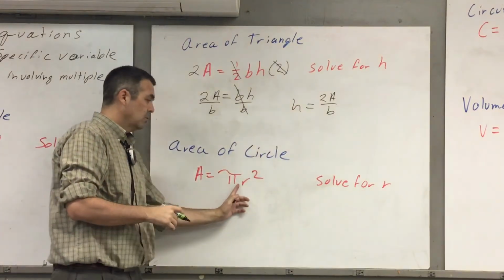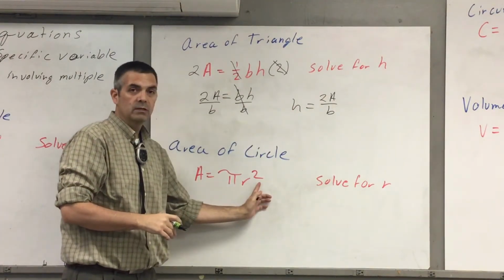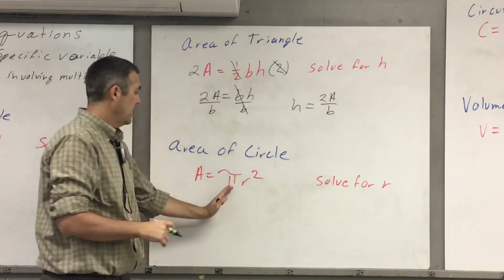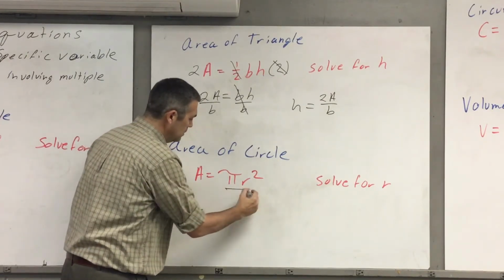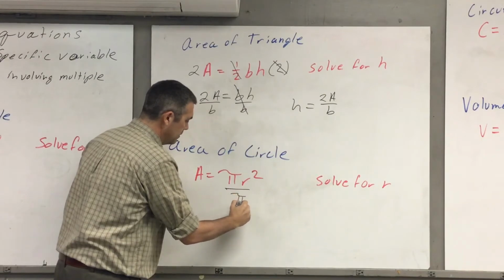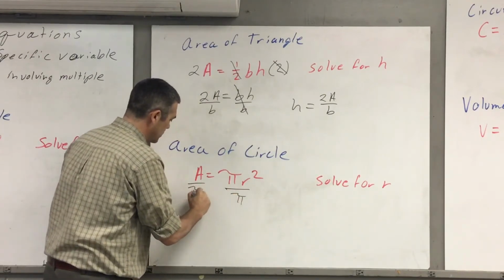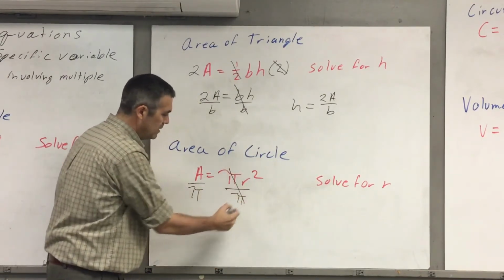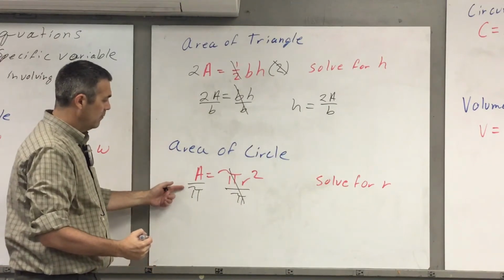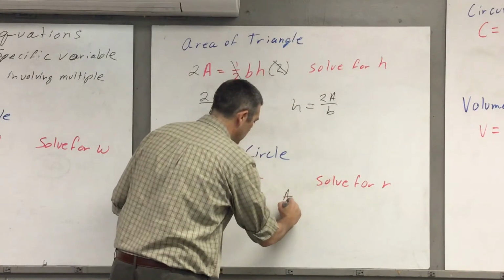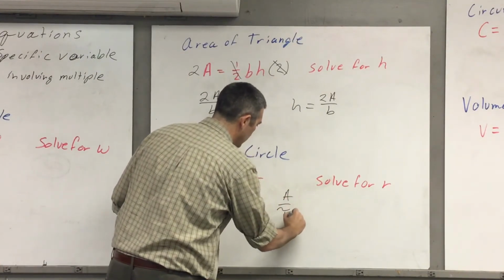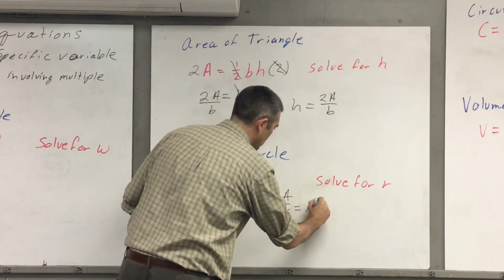So we deal with this multiplication, then we deal with this exponent. So pi times r squared: undo multiplication by dividing by pi on both sides. That'll cancel this out, and that leaves us with A over pi equals r squared.